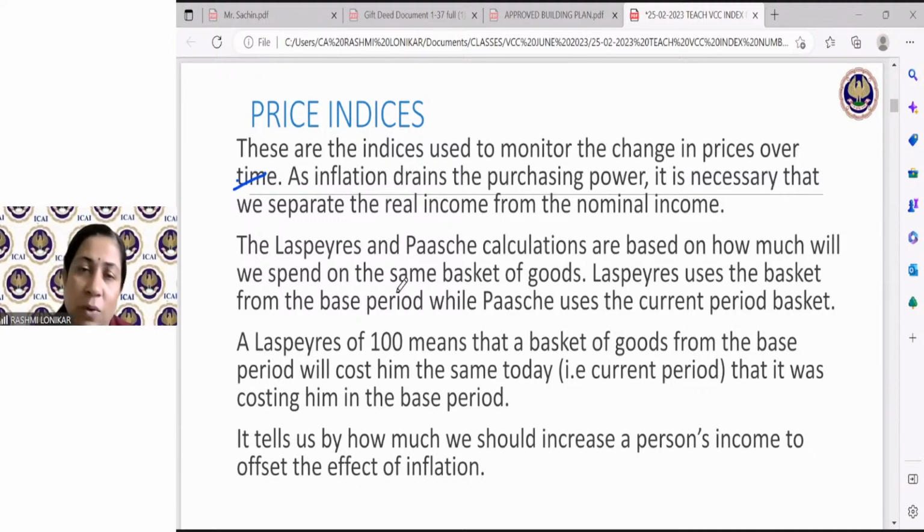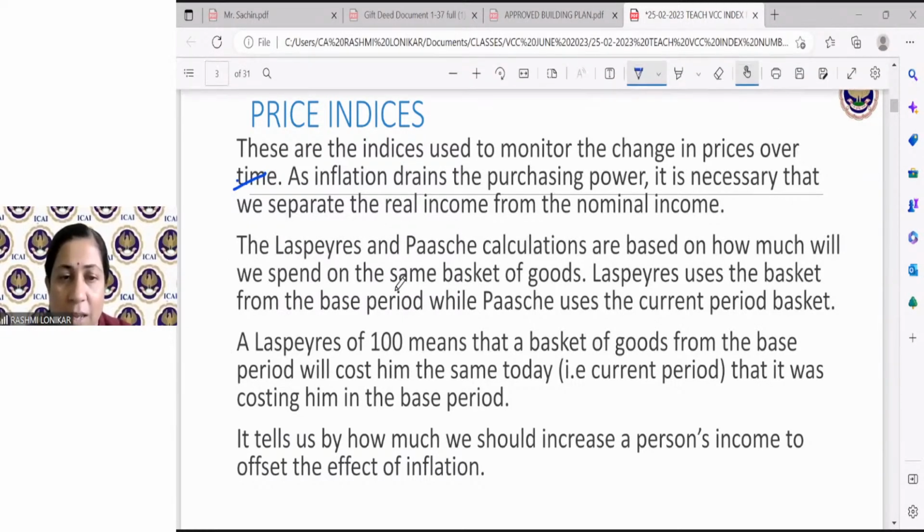What Paasche does is, it takes the current quantity, current requirement, and sees what it would have cost in the earlier year, that is the base year. So Laspeyres uses the basket from the base period, while Paasche uses it from the current period.